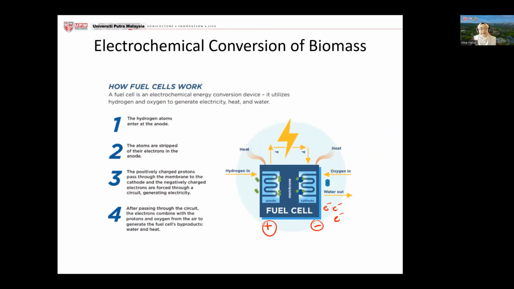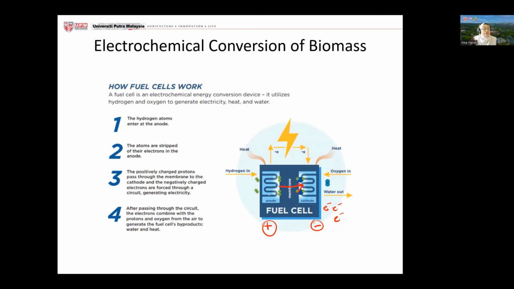Now, we think about it in this way. Hydrogen goes into the fuel cell, and when it enters the anode, the electrons will be stripped. When electron is stripped from something, it becomes positive, right? So these positive protons will pass through the membrane into the cathode.